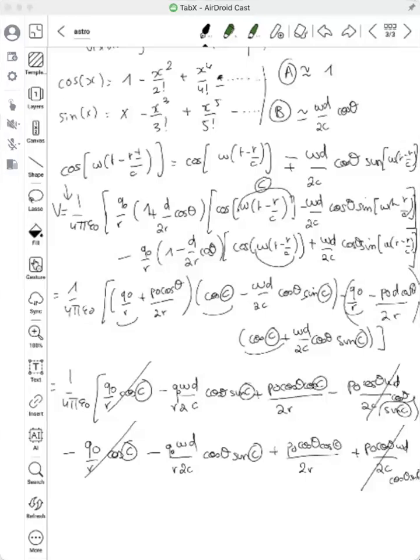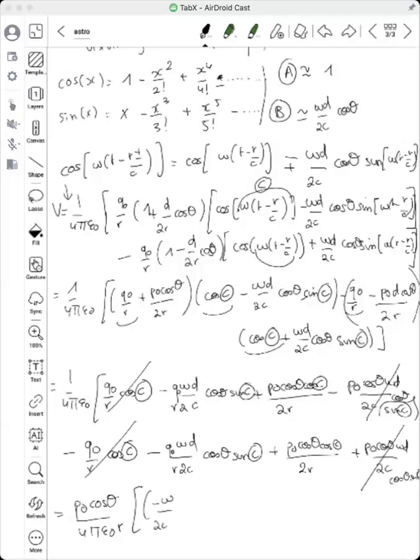Okay, so this was a bit tedious. So I can get the P0 cos theta out of this and get the following: minus omega 2c sinus c times 2. I have 2 of these terms, plus 2 cosinus c over 2r.